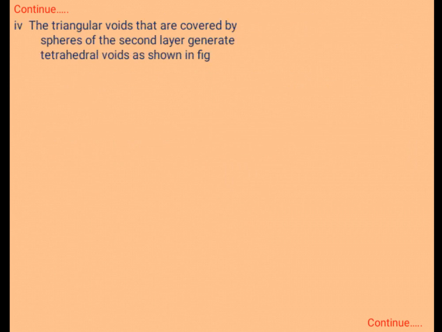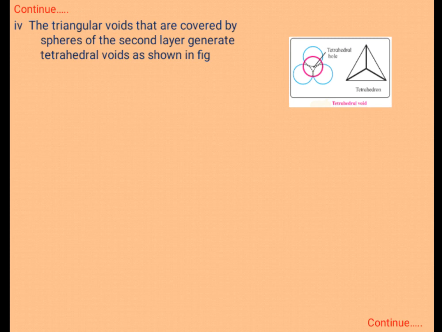The triangular voids that are covered by the spheres of the second layer generate tetrahedral voids, as shown in the figure. That means three spheres from the first layer and one sphere from the second layer, and vice versa, form the tetrahedral void.